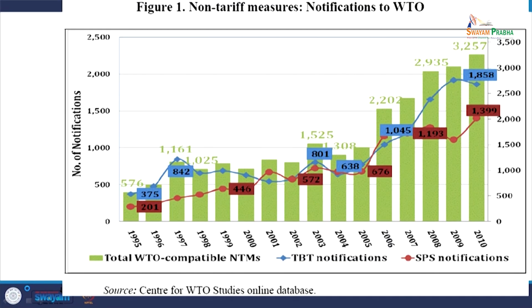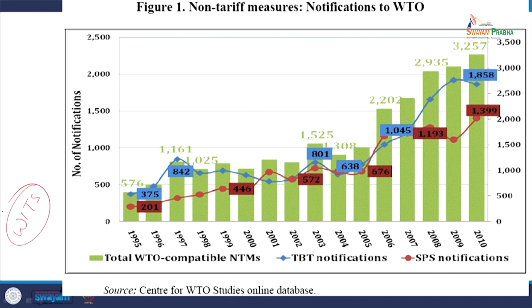Now, looking at different tariff lines, this is the source from the WTO Center for WTO Studies database. We are referring to this document, and as per the database they calculate it using the WITS database, World Integrated Trade Solution.